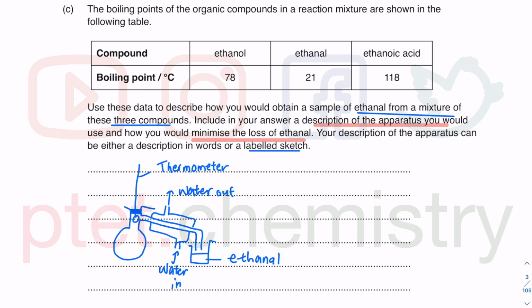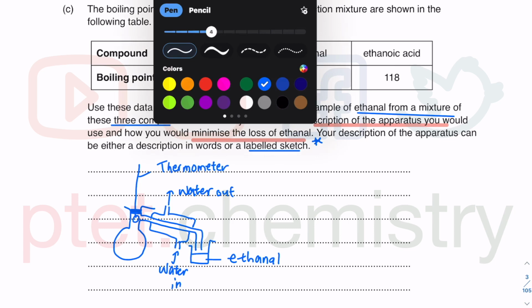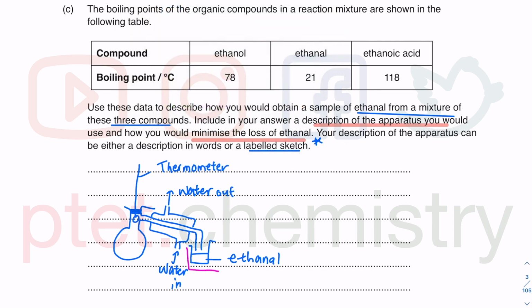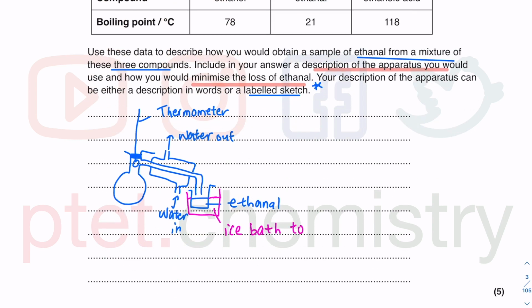But I want to minimize the loss of ethanal. So what I can do is set up an ice bath, so as to prevent or minimize it boiling off, because its boiling point is very, very low.